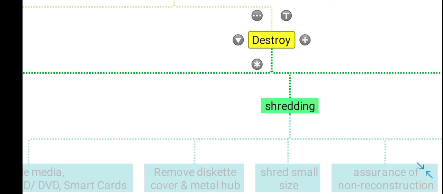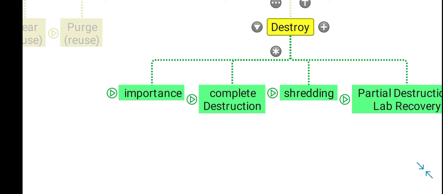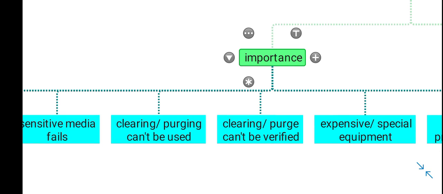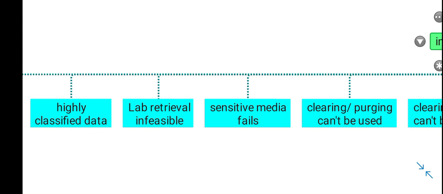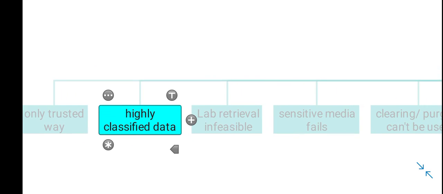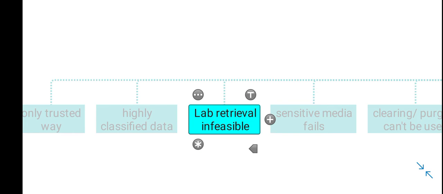Now the last one, which is the most trustworthy, is the physical destruction of the media to destroy the data. It is the only trustworthy way of media sanitization and data destruction, and it is used for highly classified data, and it makes lab retrieval of data infeasible.